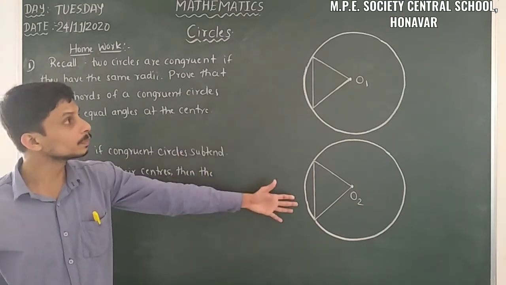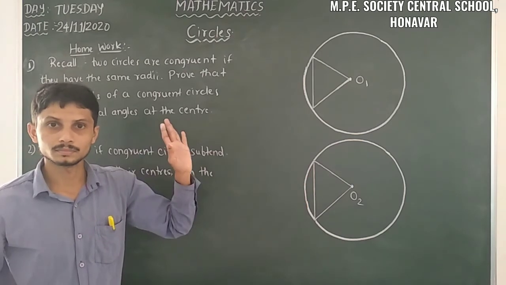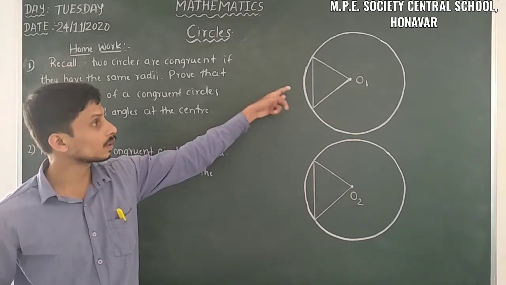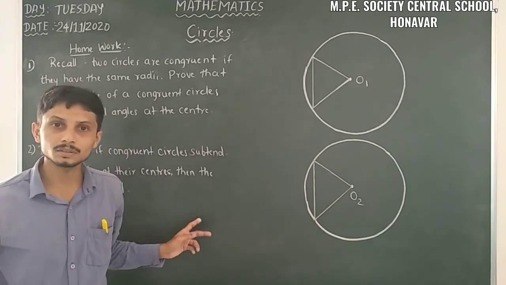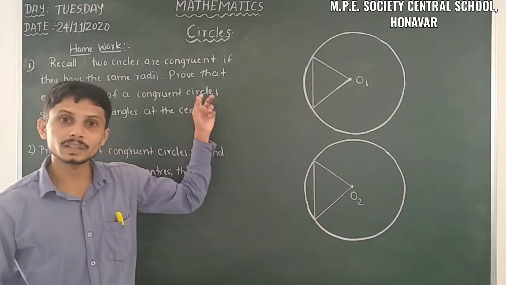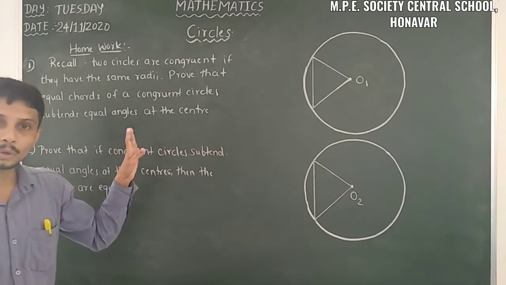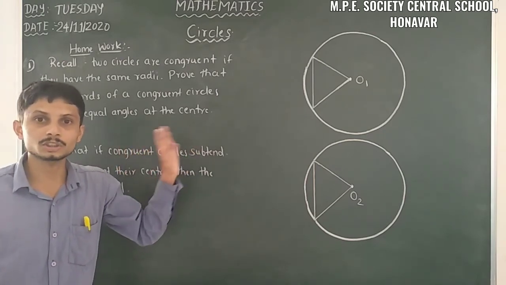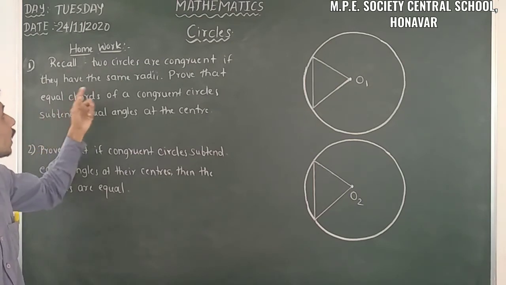This diagram belongs to both the questions. We need both circles for each question. First, let us see what the question is. It says two circles are congruent if they have the same radius.